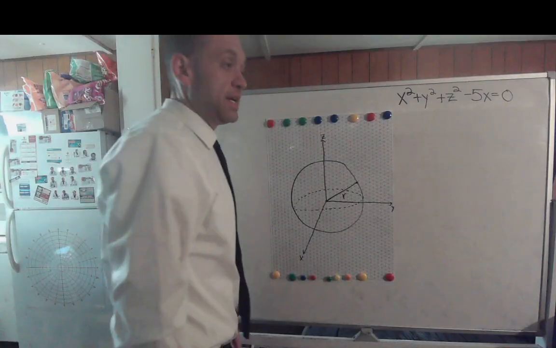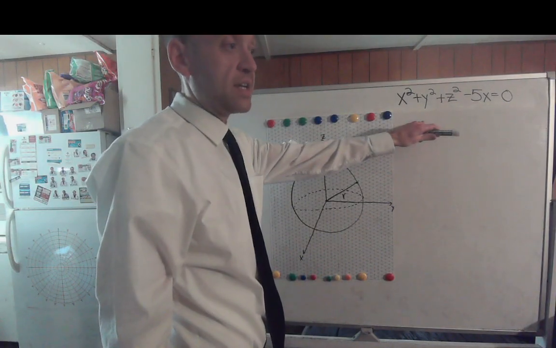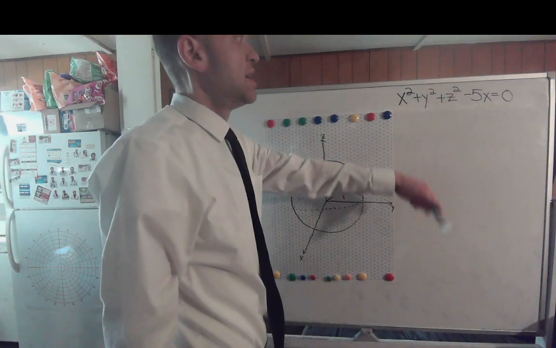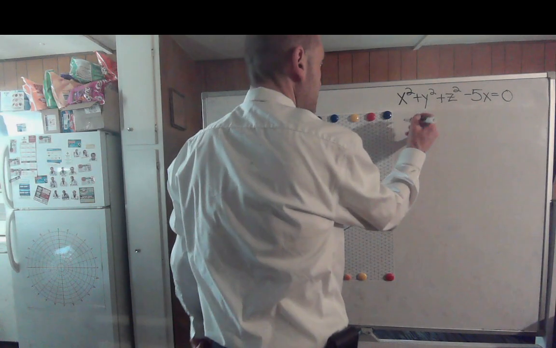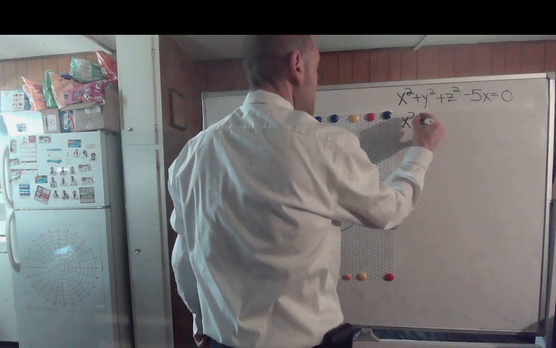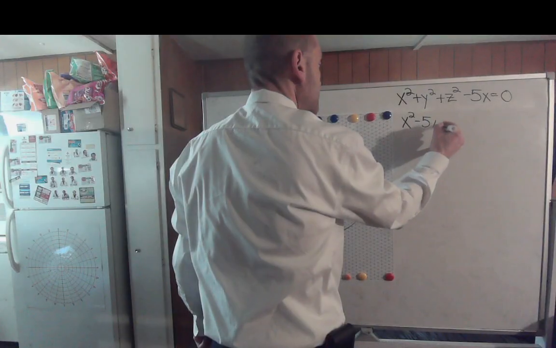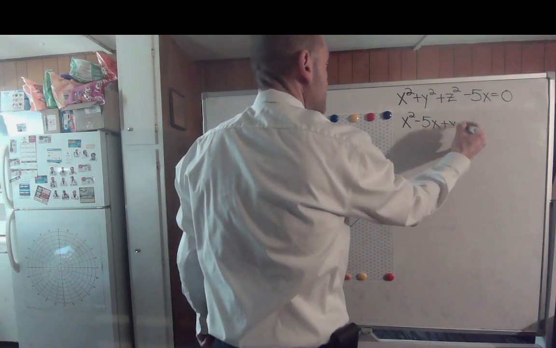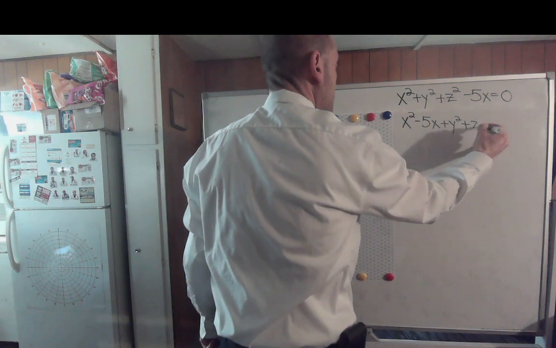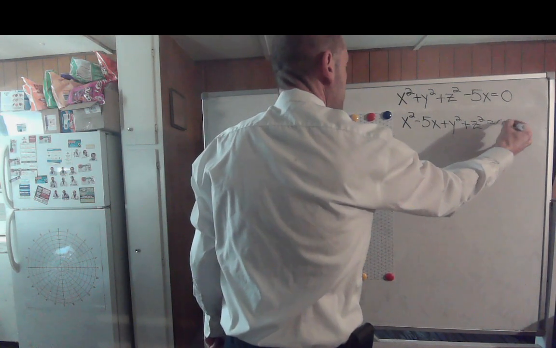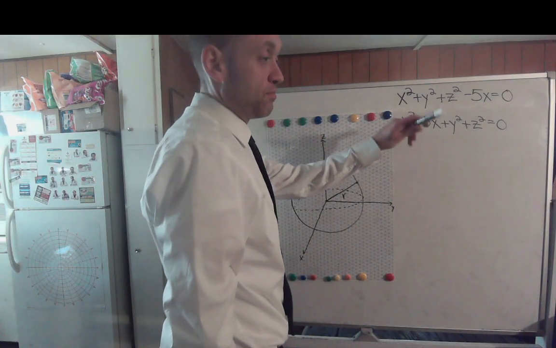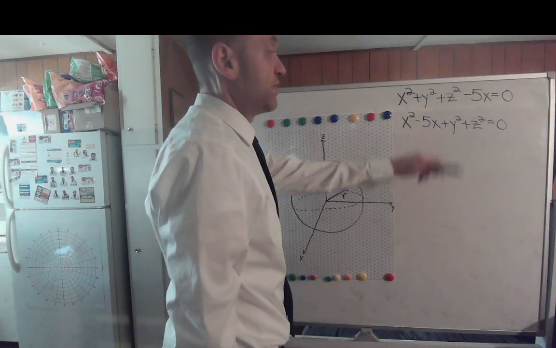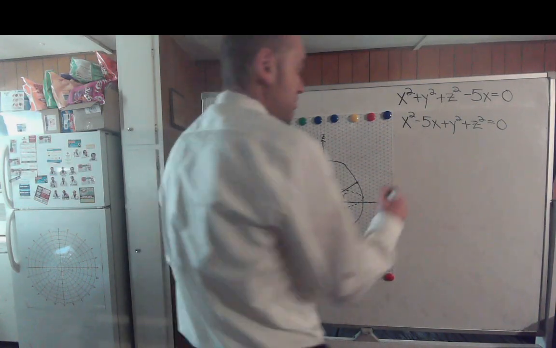Well, what we need to do, like when we were talking about conic sections and circles, first get your variables all grouped together. So this would turn into x squared minus 5x plus y squared plus z squared equals 0. Now, in order to get the coordinates of the center, you're going to have to complete the square on your x terms.